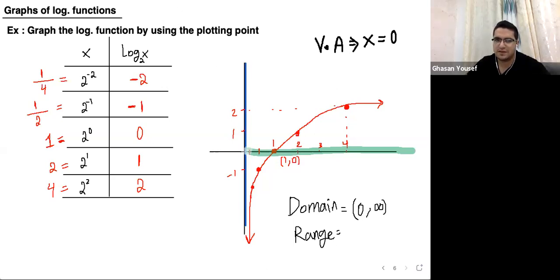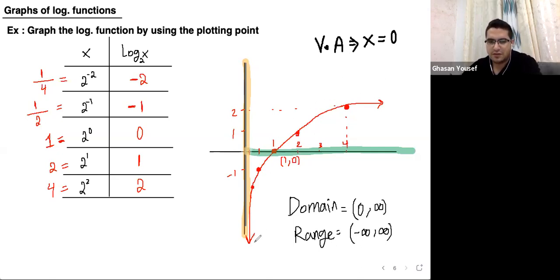This is correct. So all of this is my range. The range is from minus infinity to infinity. Okay. This is the graph for any logarithm function.